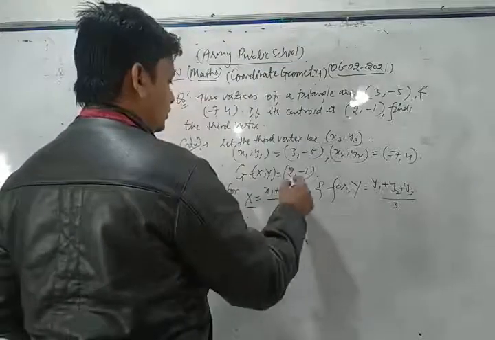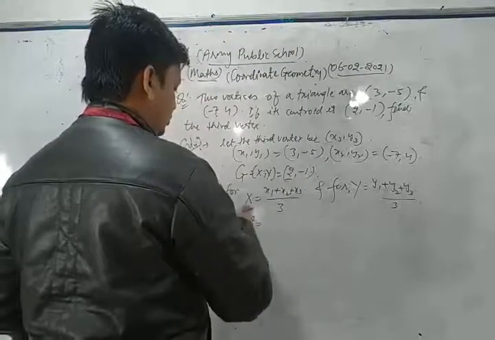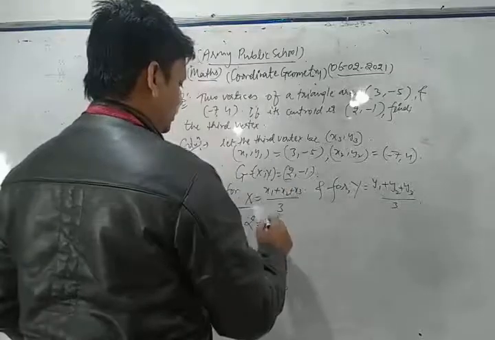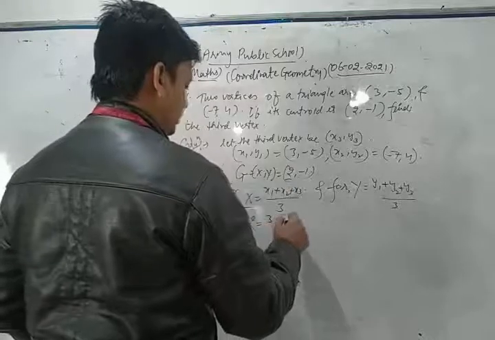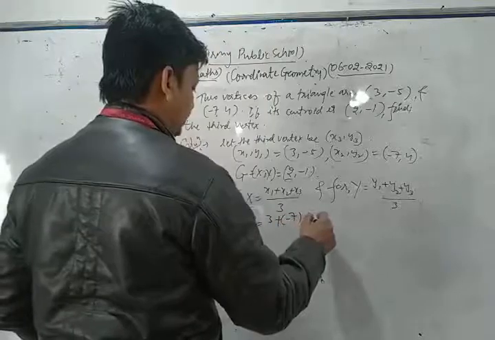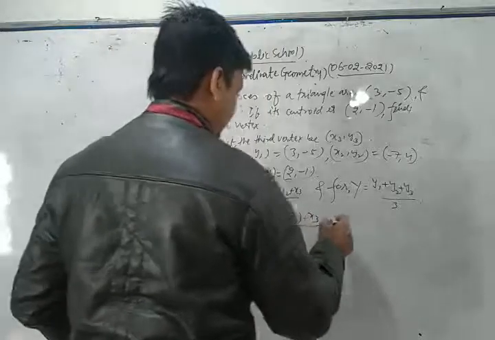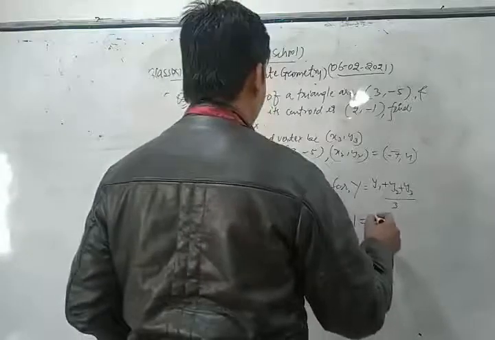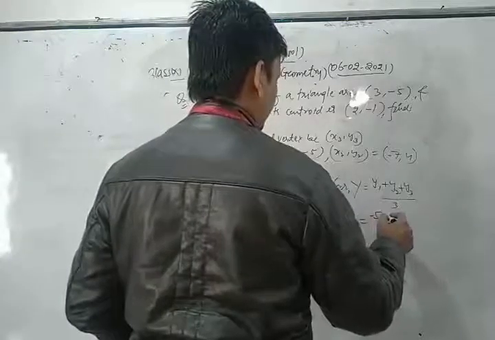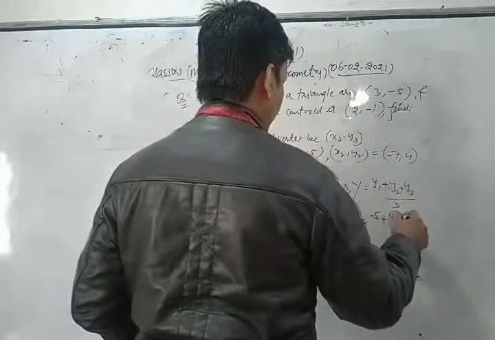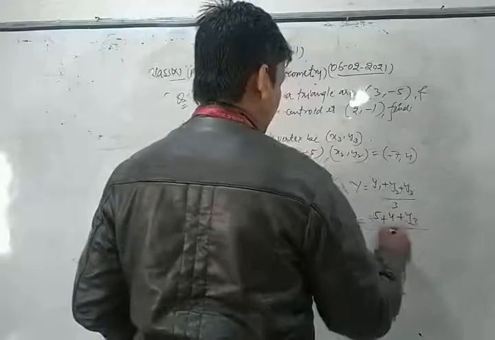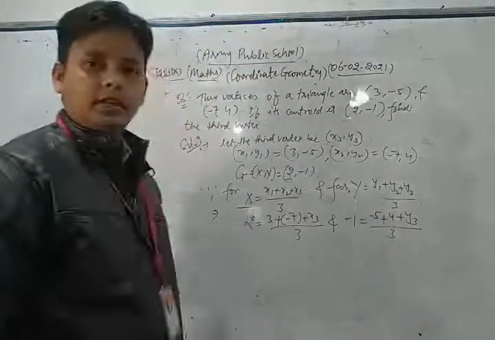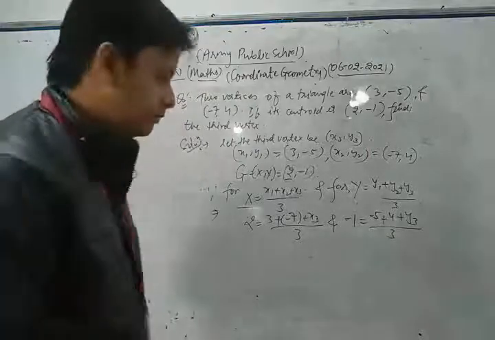Now we put the values. The value of capital X is 2, so 2 is equal to 3 plus minus 7 plus x3 upon 3, and on the other side, the value of y is minus 1, which is equal to minus 5 plus 4 plus y3 upon 3. Okay, now we solve them.